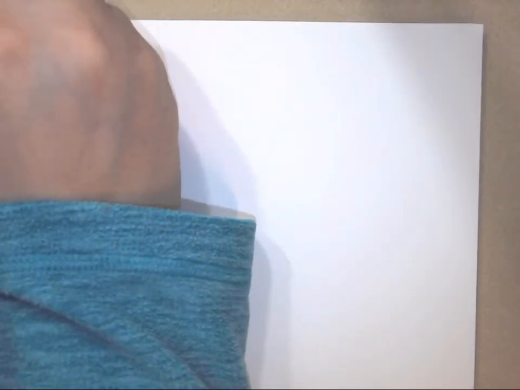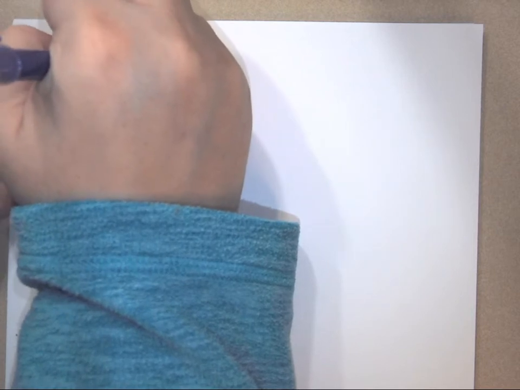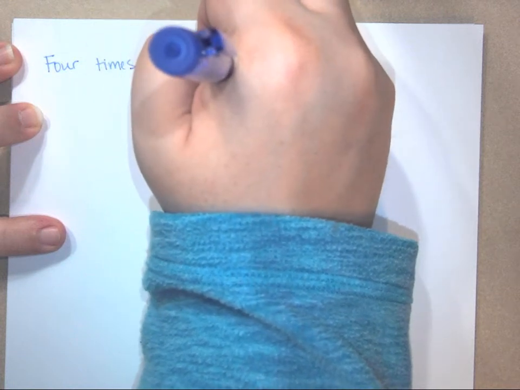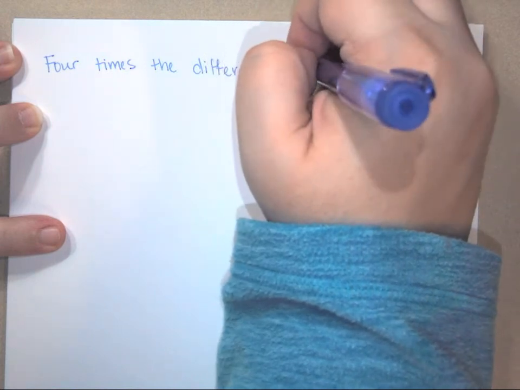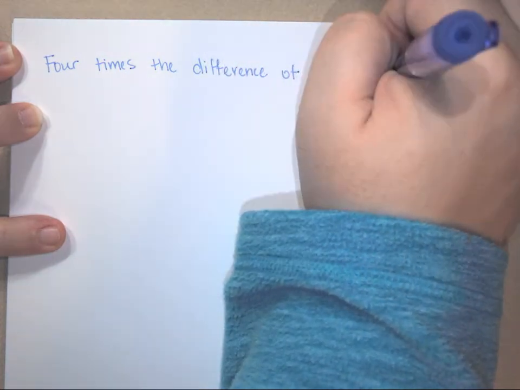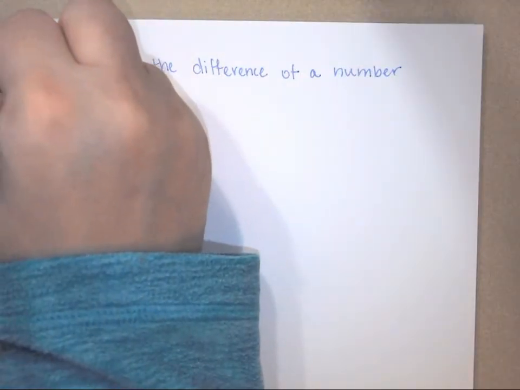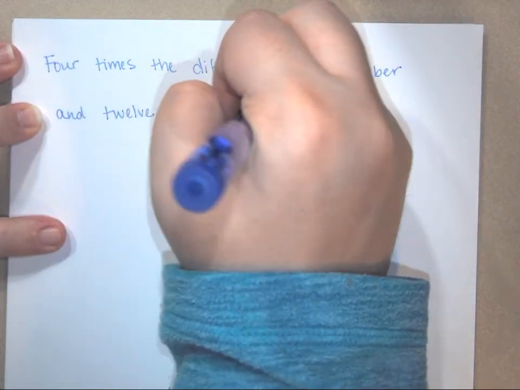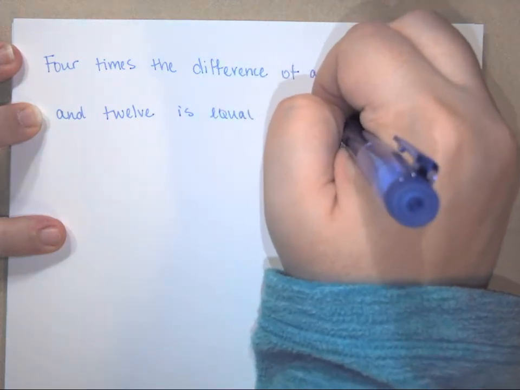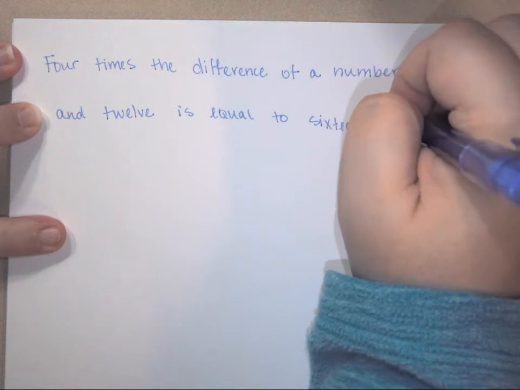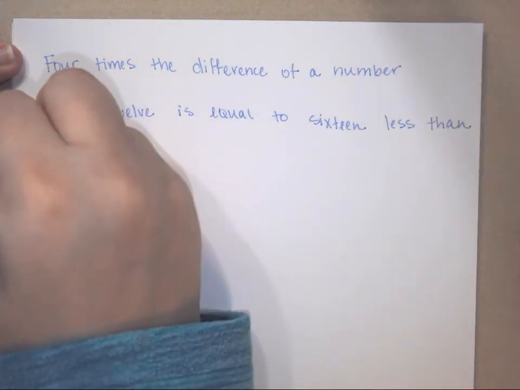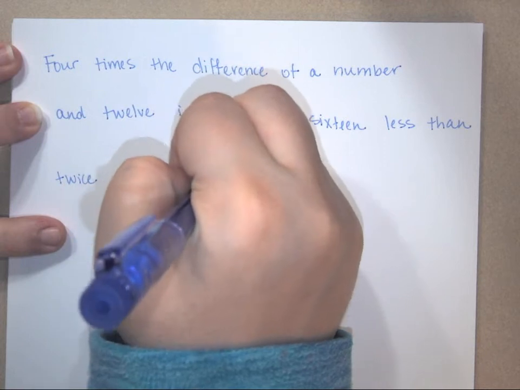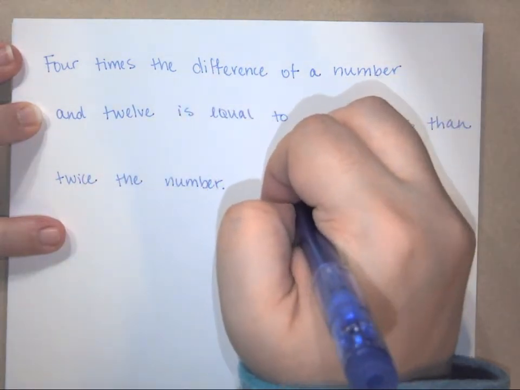So for example, if we had 4 times the difference of a number and 12 is equal to 16 less than twice the number. The question says find the number.